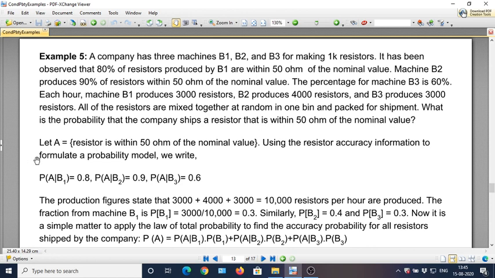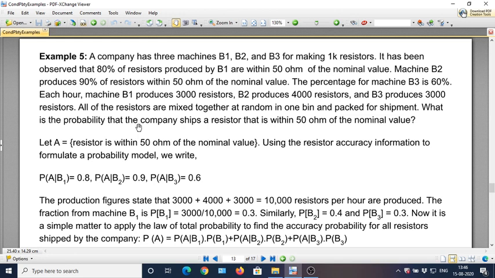A resistor is tested: if it has a nominal value in the acceptable range, it is accepted. The value of the resistance should be plus or minus 50 ohm of 1k for it to be accepted. Let A be the event that the resistor has a value within 50 ohm of the nominal value, that is, it is accepted.